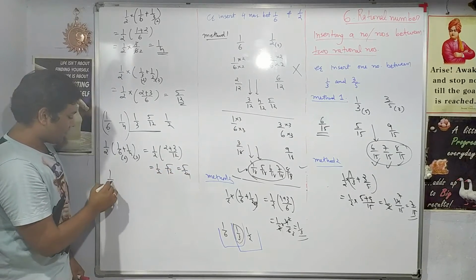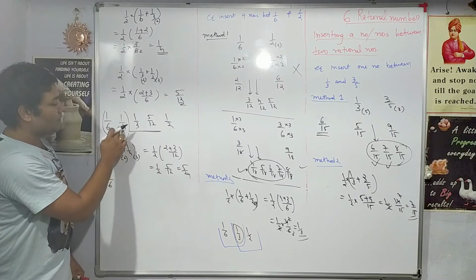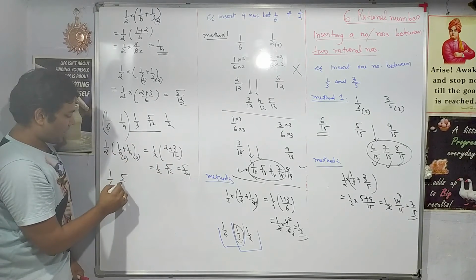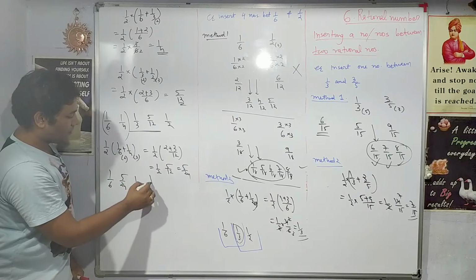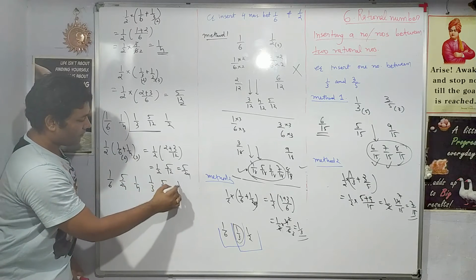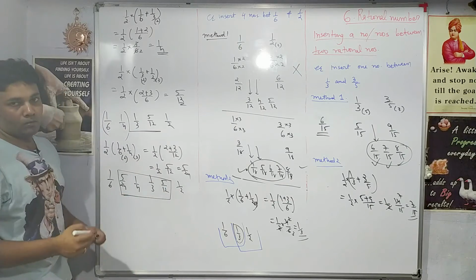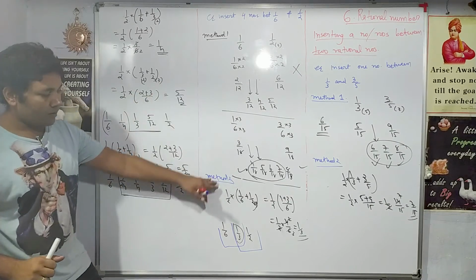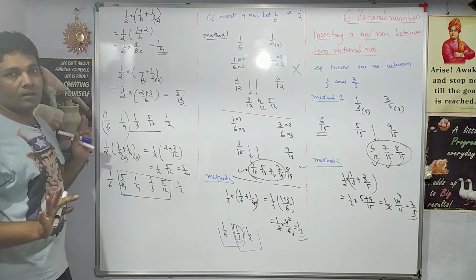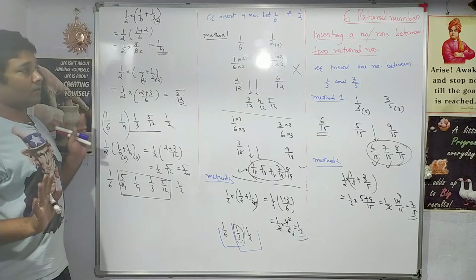So now you can write down 1 by 6, 5 by 24, 1 by 4, 1 by 3, 5 by 12, 1 by 2. So here I have these 4 numbers between the two numbers. Whichever method you find easy you can use, right?